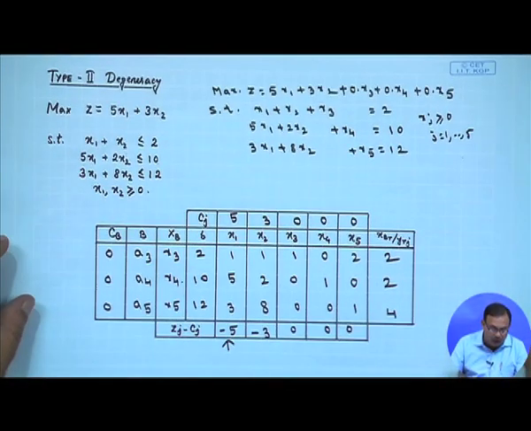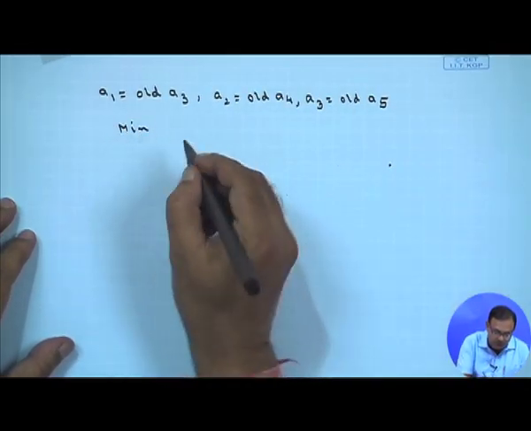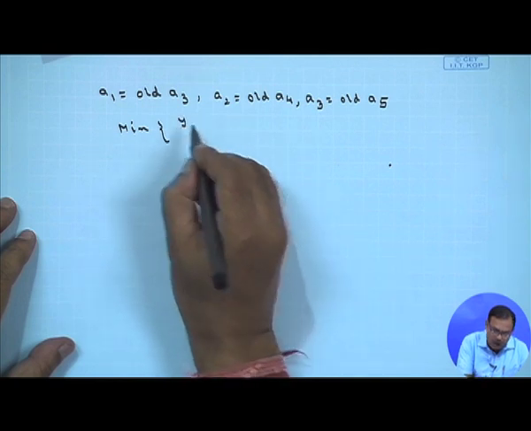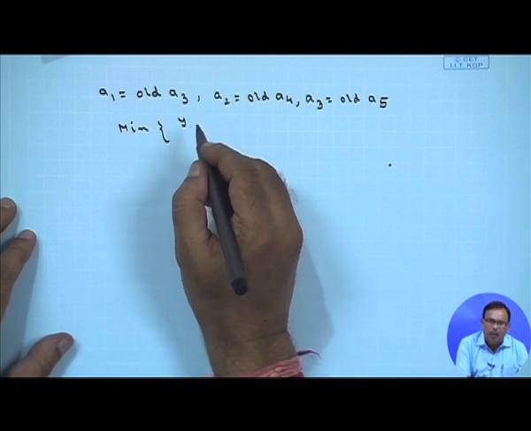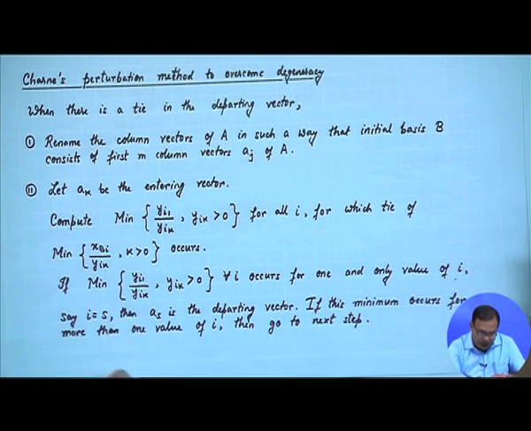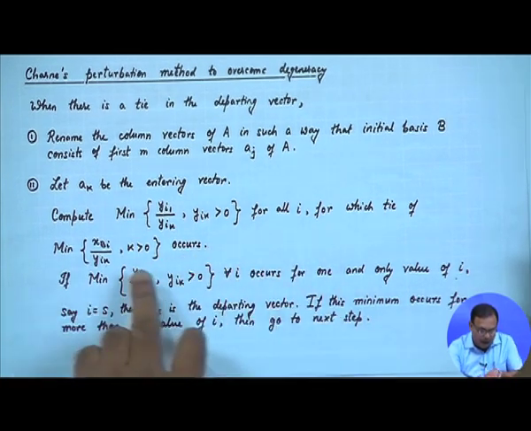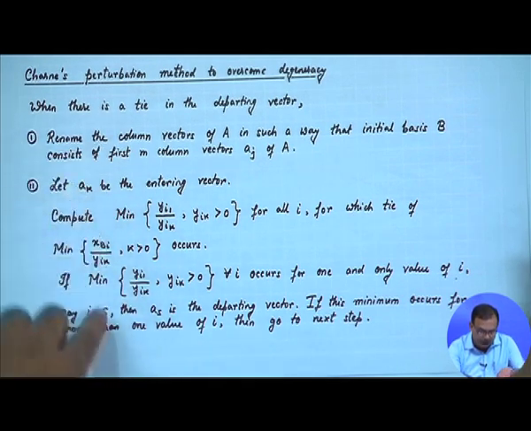Now I have to find the minimum of this. If you remember in the earlier degeneracy examples, it was yi1 by yik, where the minimum occurs for the index i, and your entering vector is ak.